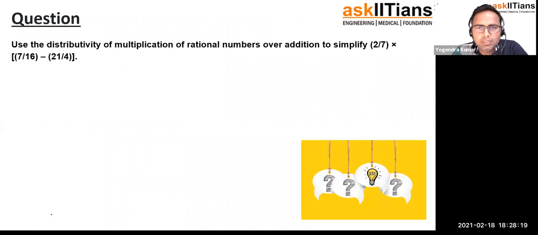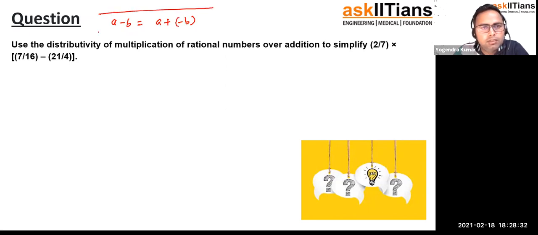Now you may say, sir, this is minus here. No problem. If it is a minus b, it is the same as a plus of minus b, so you should not get any difference. We can write it as plus only, but if you want, you can apply distributivity directly with the minus also. Use distributivity of multiplication of rational numbers over the addition here.